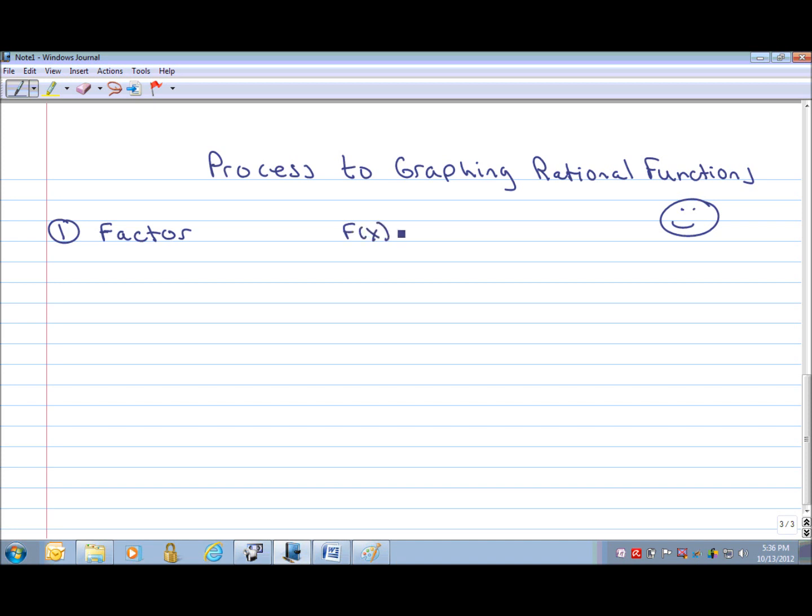This is f of x equals 2x squared plus 5x minus 3 over x squared minus 2x minus 8. And we're going to go ahead and factor that out. Factor the top, and we'll factor the bottom. I'm going to remind you of the whole little slip and slide process for factoring.